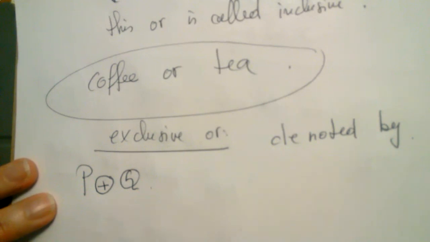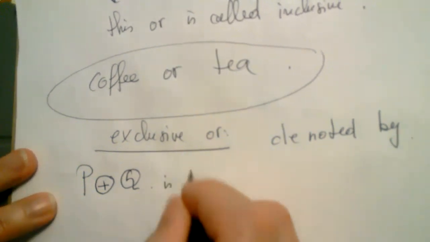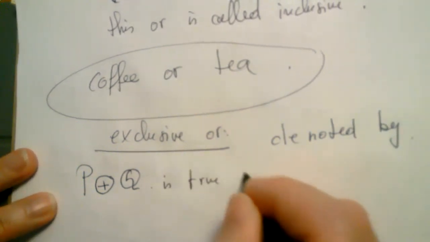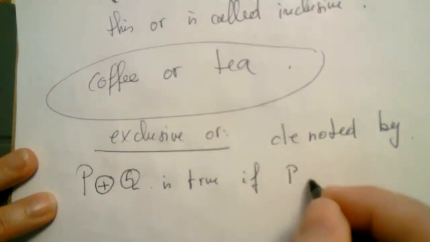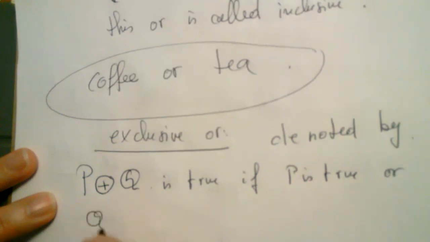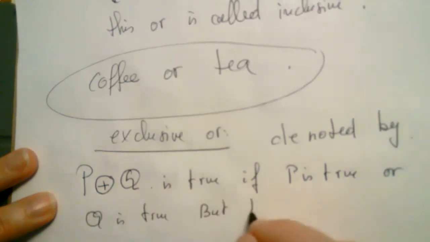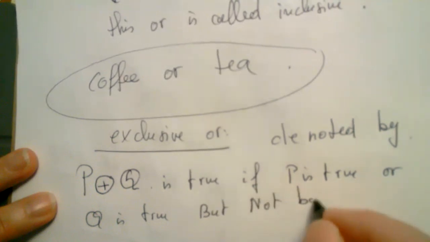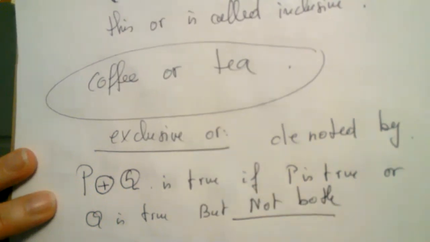The exclusive OR is true if P is true or Q is true, but not both. That's crucial: but not both.